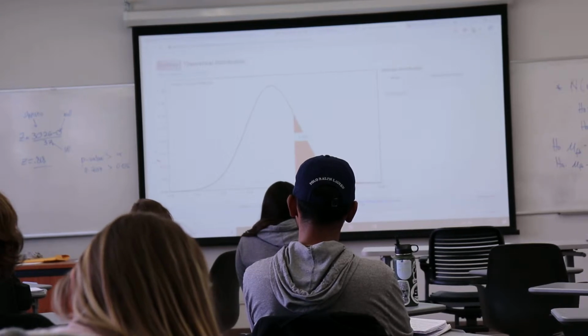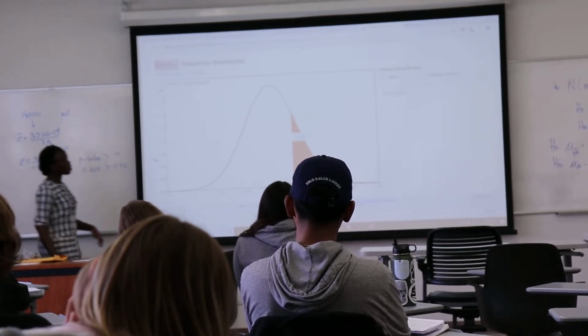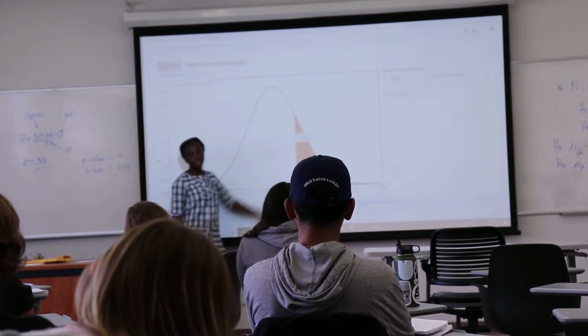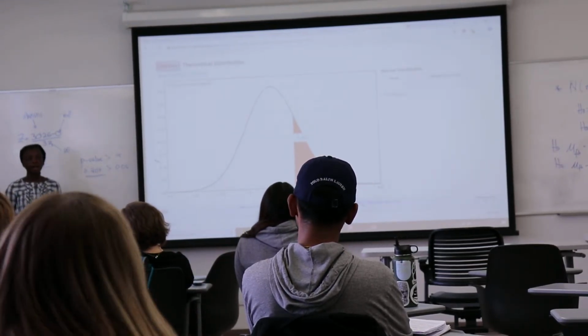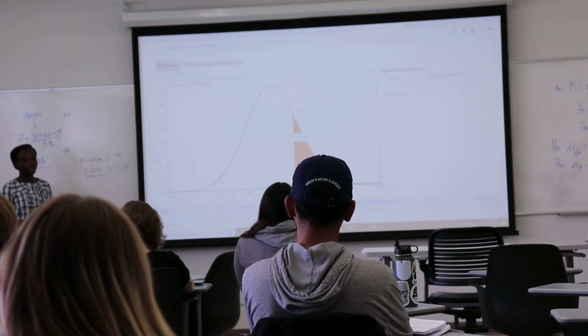So you see this p-value that we got here corresponds to the example that we just solved, right? That is the same p-value. So that is how you work using the standard normal in StatKey.